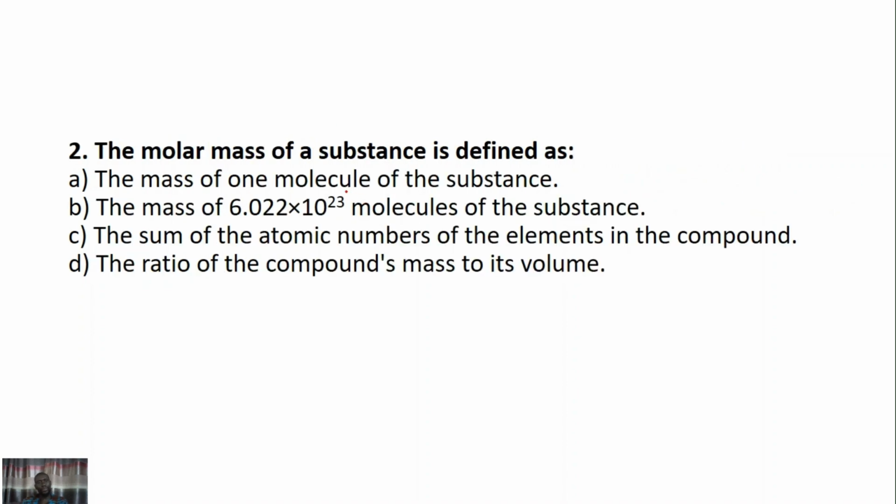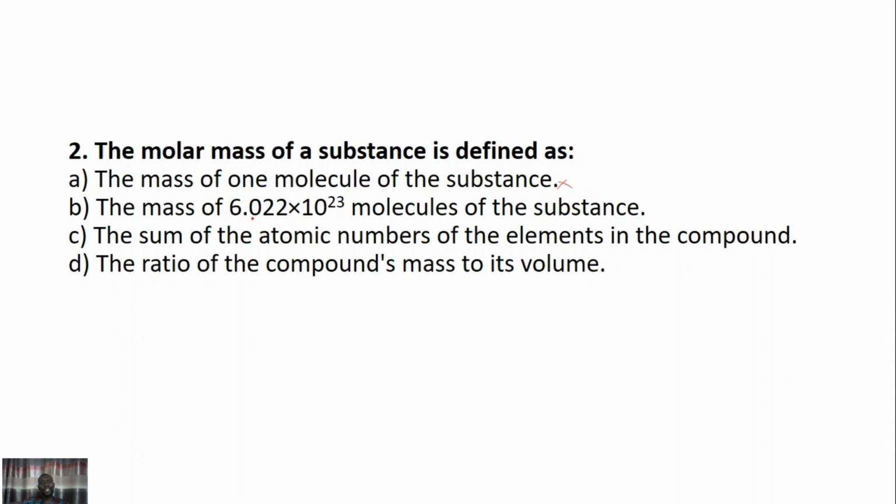Okay. Question number two. The molar mass of a substance is defined as A, the mass of one molecule of the substance. This is not correct because one molecule of a substance, you may not even be able to measure it, because that is the basic unit of that substance. B, the mass of 6.022 times 10 raised to the power 23 molecules.